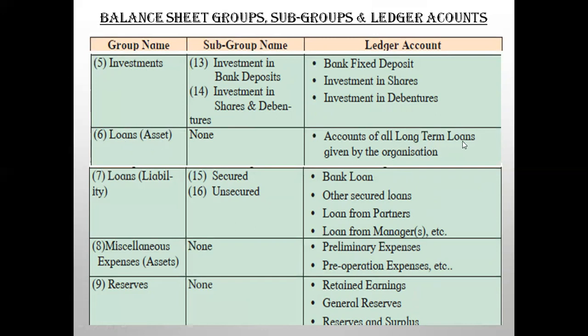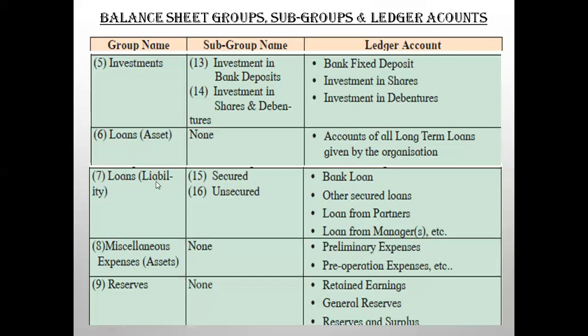Accounts of all long-term loans given by the organization. Your organization is giving a loan to anybody; those loans will come under loans asset. Okay, ABC loan account. ABC has taken a loan from your organization. Right? That will be termed under loans assets.